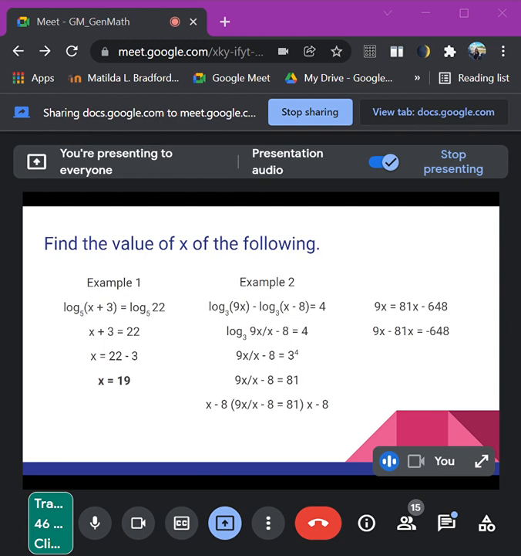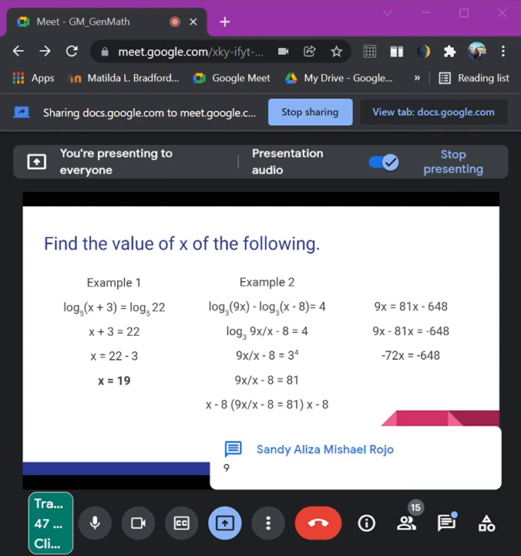And then, we have here, copy lang nato ang negative 648. So, divide both sides by negative 72 class, pila? Sige, divide both sides by negative 72. Okay, that is 9.